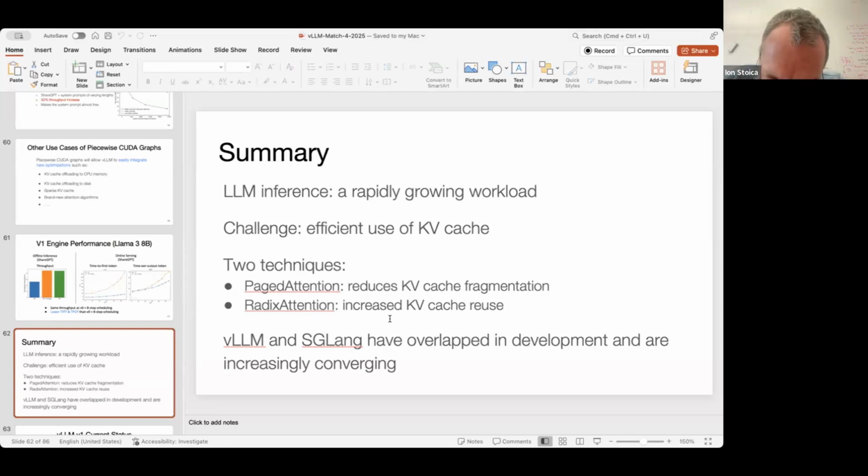Expert parallelism, right? Because with experts, it's very irregular traffic, and every token can use different experts. That is problematic.